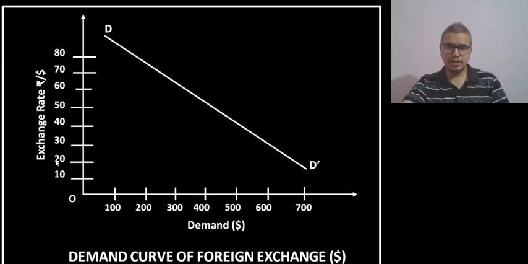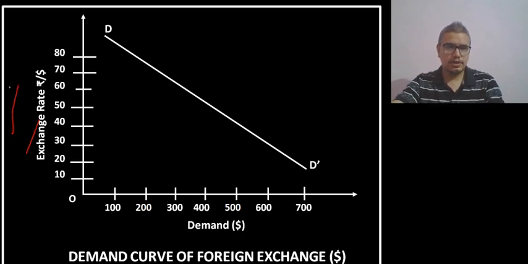Okay, and here when we see, whenever there is an increase in the exchange rate, whenever we are giving more and more units of Indian rupee against the dollar, from 40 to 50, 50 to 60, 60 to 70, then we see that we are moving upward along the demand curve.